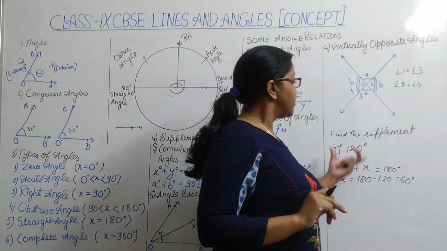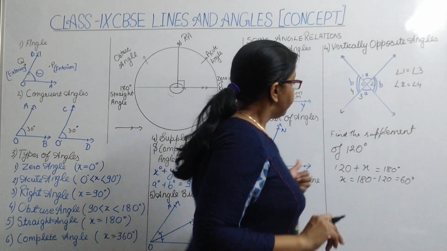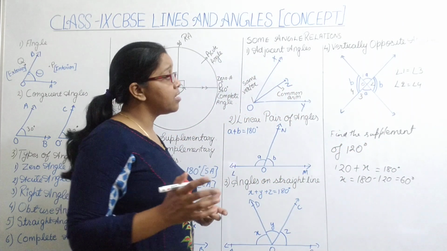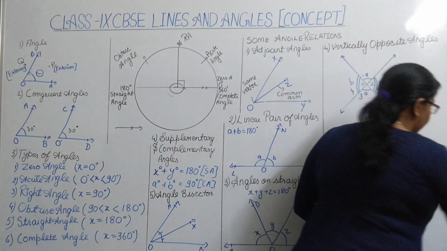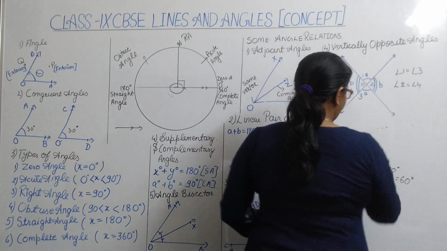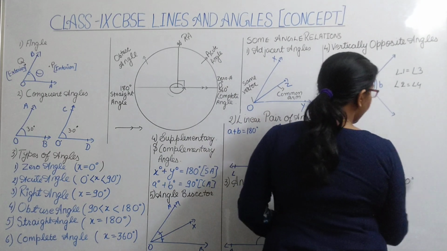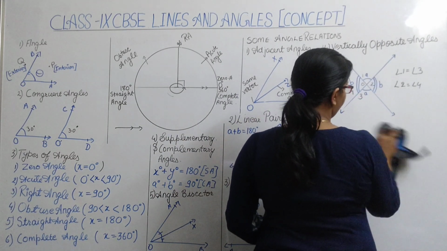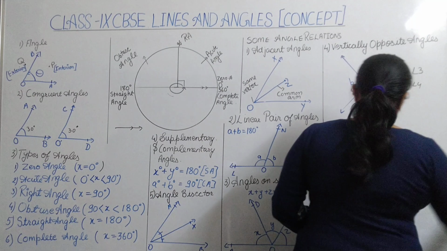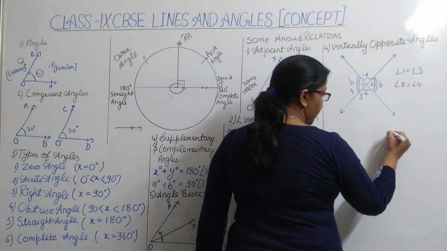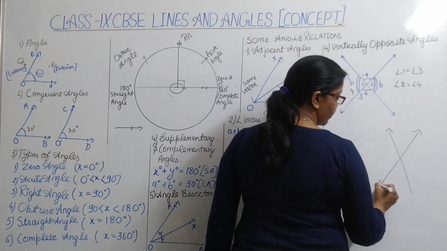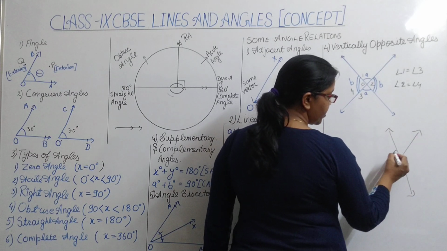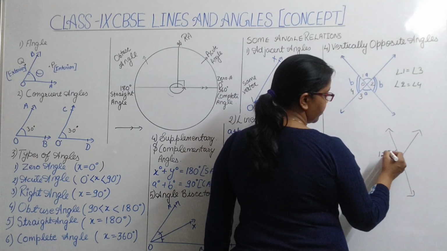Now let us take an example to understand vertically opposite angles properly. Suppose I have this figure, and I am saying that this angle is 120 degrees.